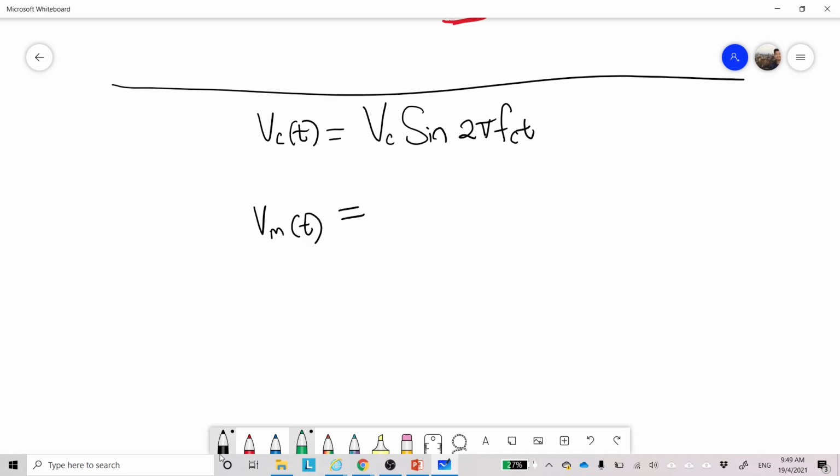So I multiplied one by one. I multiplied with this, I multiplied with this, and I also multiplied with this.